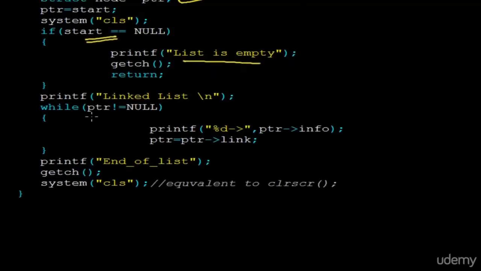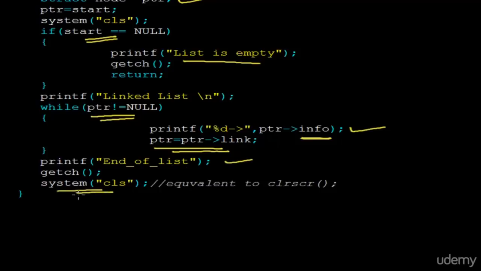Else we will iterate till we reach the end of list, means ptr is not equal to null. And in every iteration we will print the info part and then increase the pointer by this statement ptr equal to ptr dot link. Then we will print this message end of list, and then we will exit.